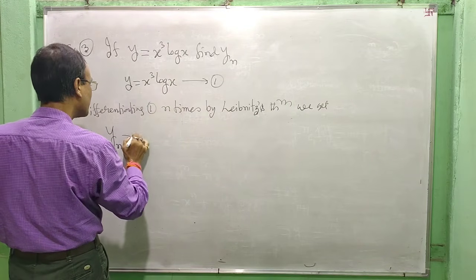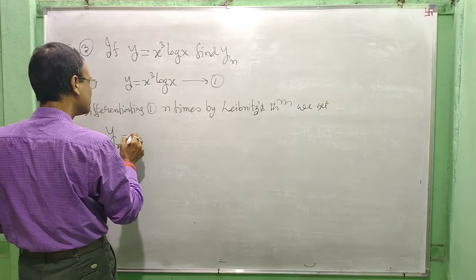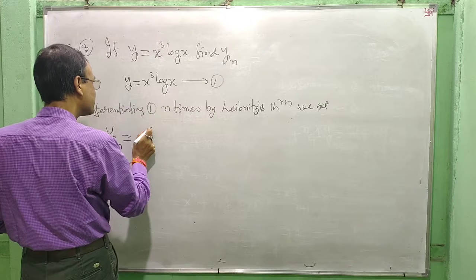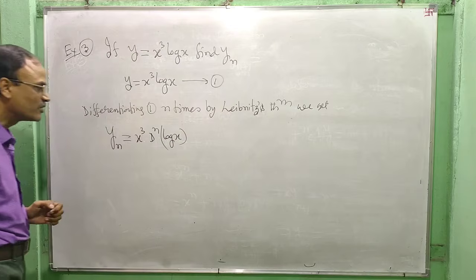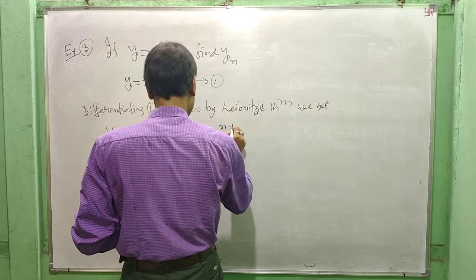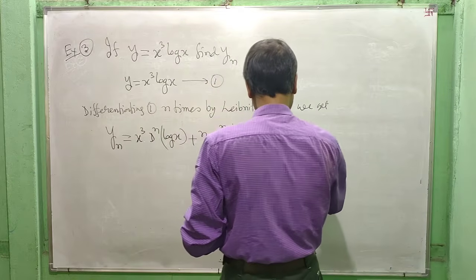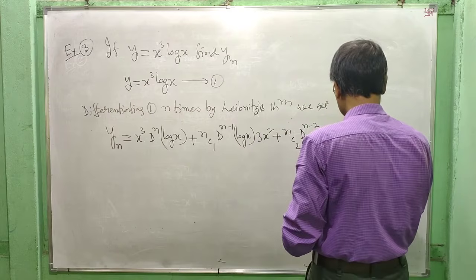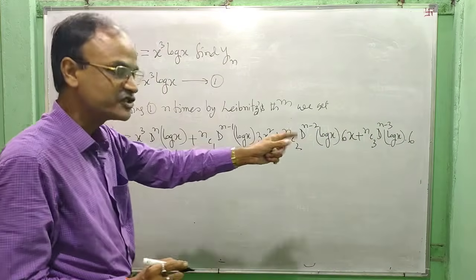The nth differentiation of this will be d^n of log x times x cube, plus n C 1 d^(n minus 1) of log x times 3x square, plus n C 2 d^(n minus 2) of log x times 6x, plus n C 3 d^(n minus 3) of log x into 6. Other terms will vanish.